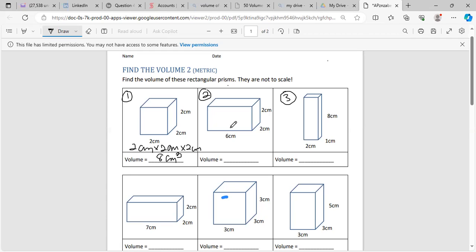Who is for number 2? Kira, number 2. Alright, go ahead. So, sir, first, as you can see, there's 2 centimeters, like 2 of them. 2 times 2 is 4. And 6 centimeters times 4 centimeters square gives you 24 centimeters cube.